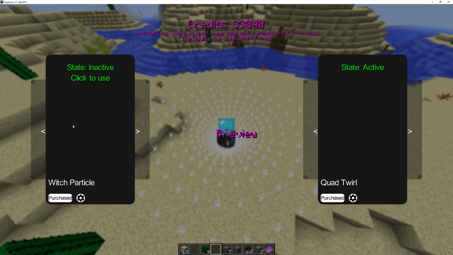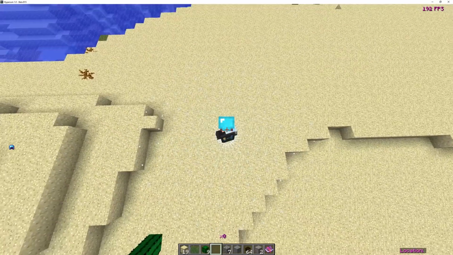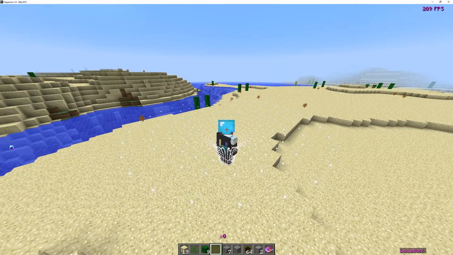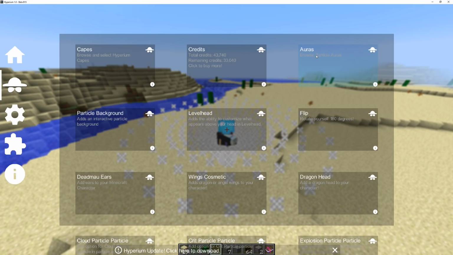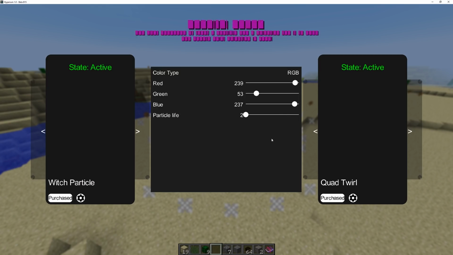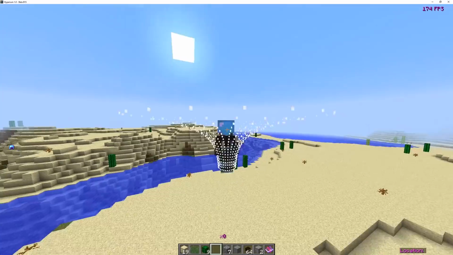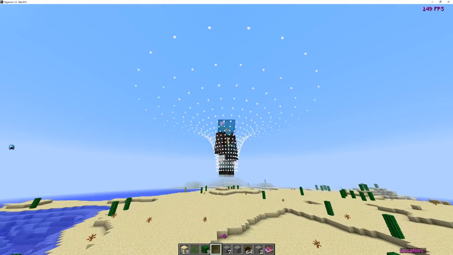Let's see. I don't think this is going to work well though. I'm also going to make the lifespan a little longer. Why is that flashing? That shouldn't be flashing.